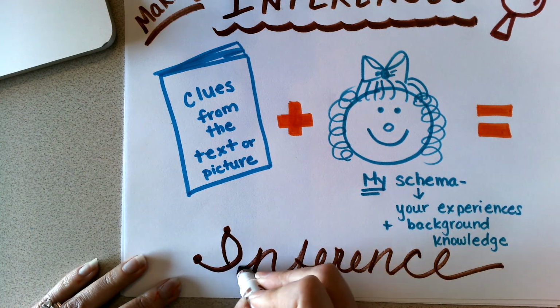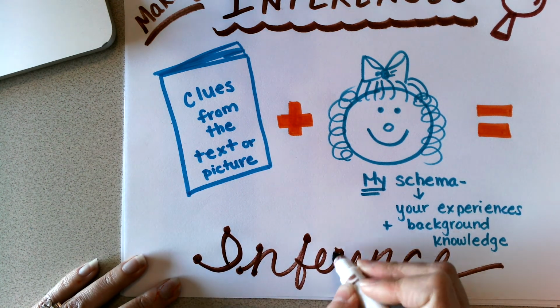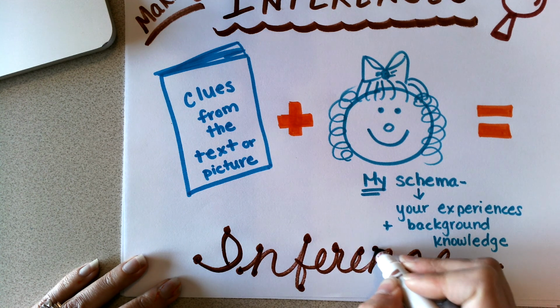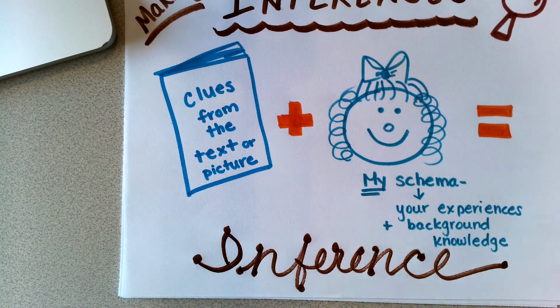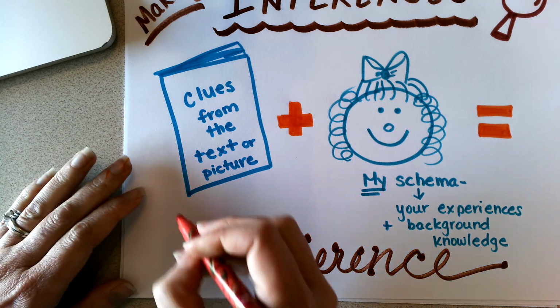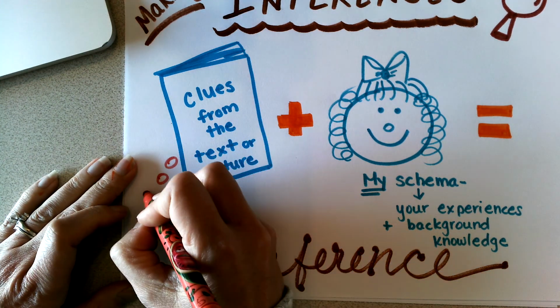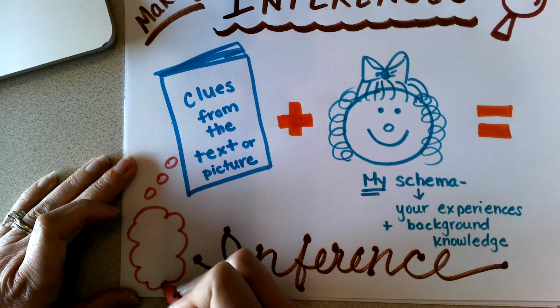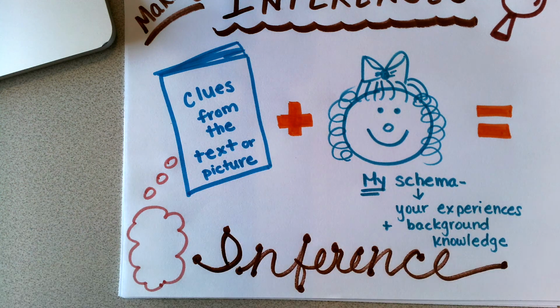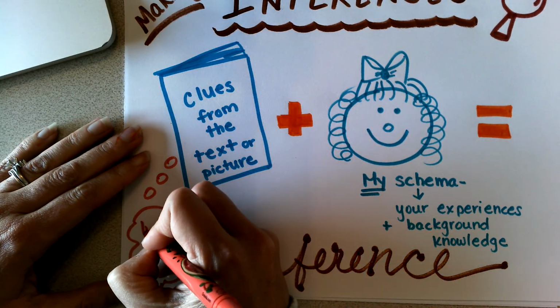A couple of things I'd like for you to add to your notes: over here, from the clues from the text, you can think about "In the text it says." These are the ways to say, well, I've made this inference. And a question can be "In the text..." You can refer right back to the text, citing that evidence.